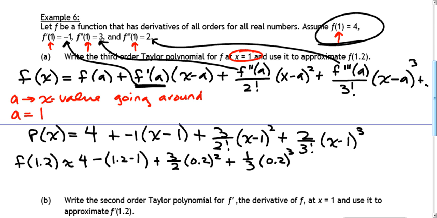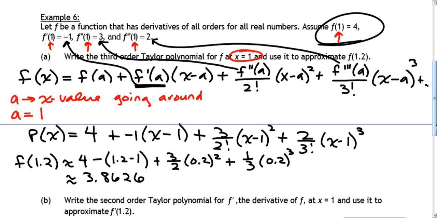And at this point, I would just use a calculator to calculate that, and I believe we get 3.8626. So that's the approximation of this function that I don't really know too much about at the value of x being 1.2.